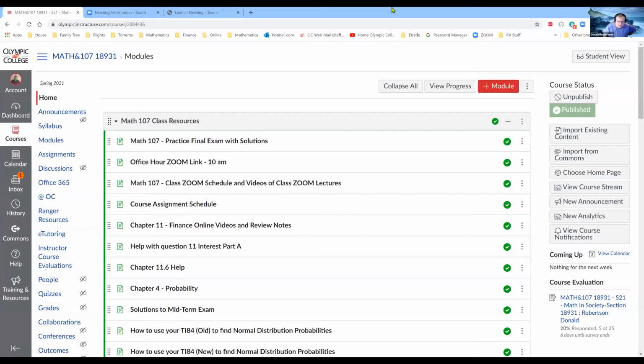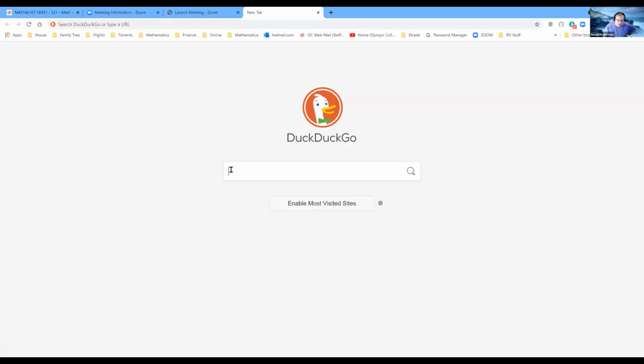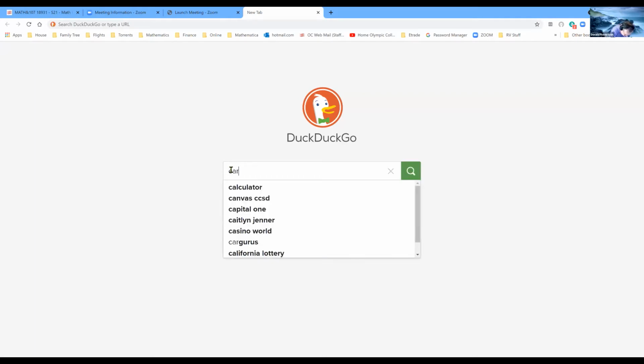Are you looking at your Math 107 Canvas site? Yes, indeed. Okay, now I'm going to click on this and I am going to look for what's called carbon 14 dating. Has anybody ever heard of that term?